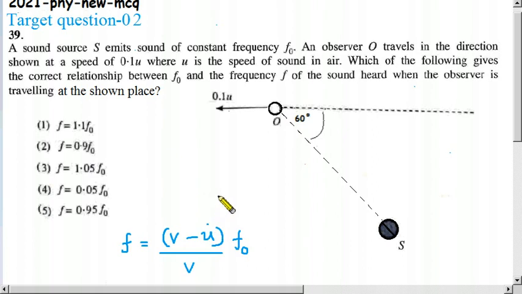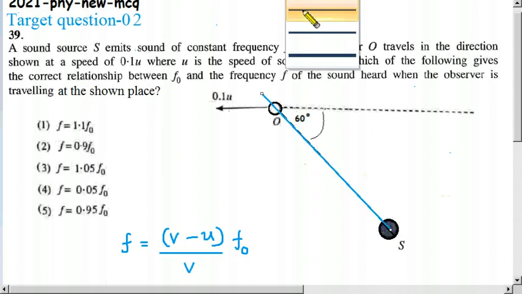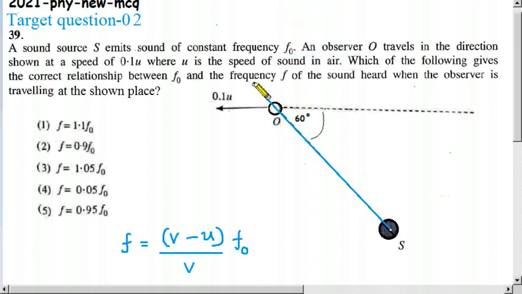But instead of u, you can't use this value because it is not away, it is by side. So away means you have to connect the observer and source using a straight line. And if it goes this way, it is away. If it comes this way, it is towards S and away from S.